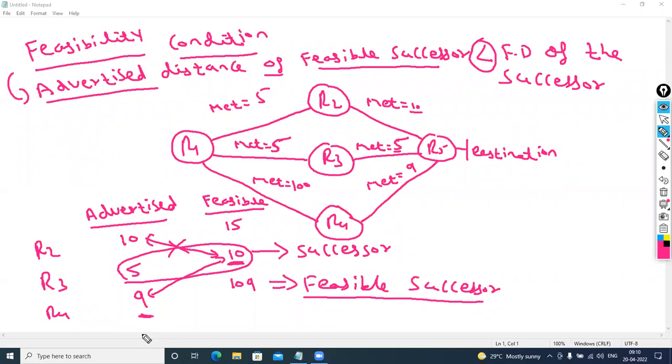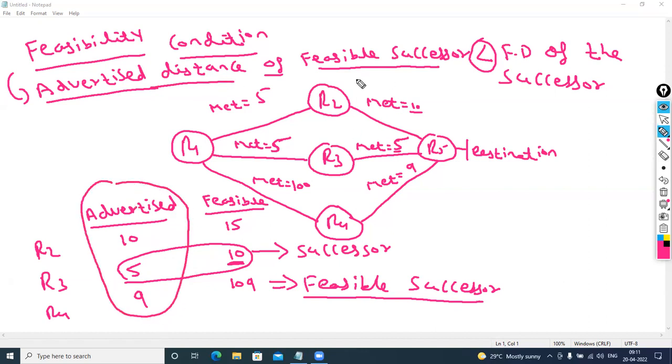Not clear? Okay, come back. Read the statement once again. What the statement is saying: advertised distance. This is my advertised distance, correct? So now I want to elect a feasible successor.